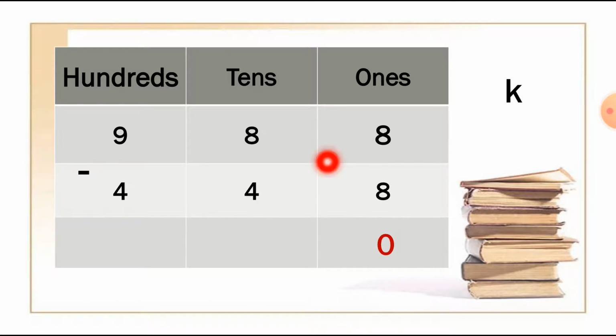Now let's move to the tens column. Here is 8 minus 4. We have to cut 4 from this 8. So 8 minus 4 is equal to 4. The answer of the tens column is 4. Then the hundreds column, 9 minus 4. 9 minus 4 is equal to 5.